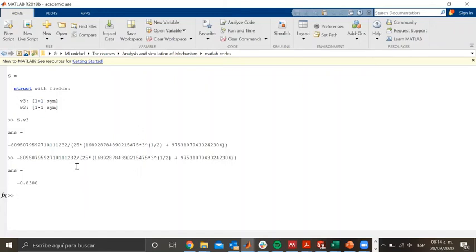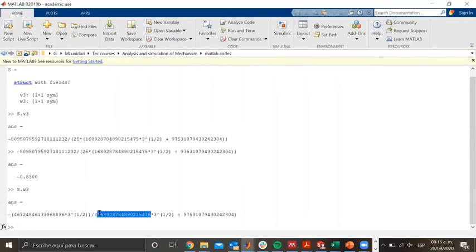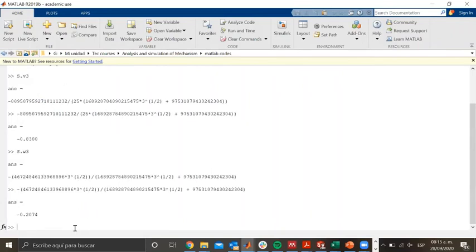Let's check omega 3. Minus 0.2074, that's also what we got. So we're safe. Now we are only safe if we manage to validate this against SolidWorks. So let's do that, just for the fans, just because we have it.